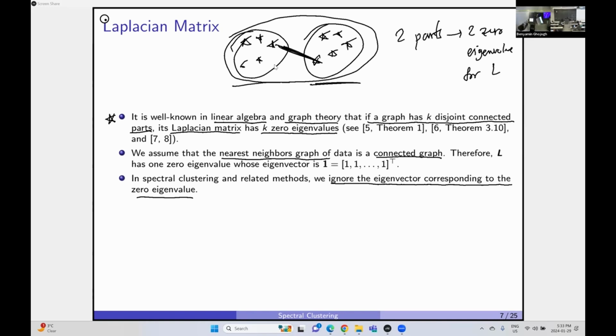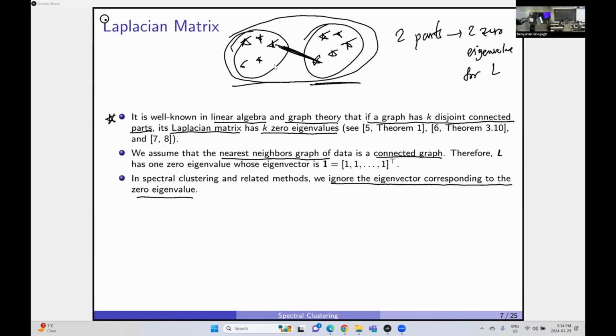Someone asked at the end of the class in the previous session, what is the difference between a connected graph and a fully connected graph? You know the difference? So here, when I'm saying that we assume that we have only one part, I don't mean that it's a fully connected graph. A fully connected graph, also called a complete graph, means that all of the nodes are connected to each other. Okay. All points are neighbors of each other.